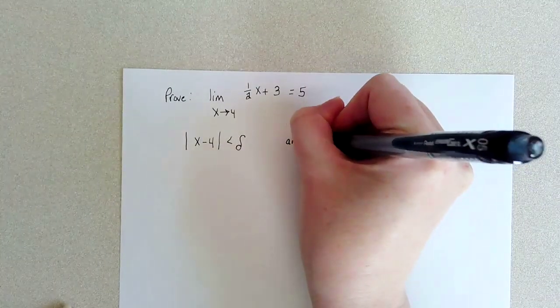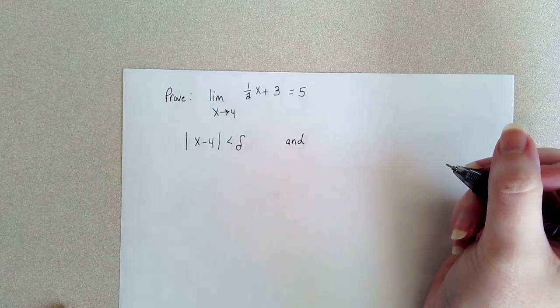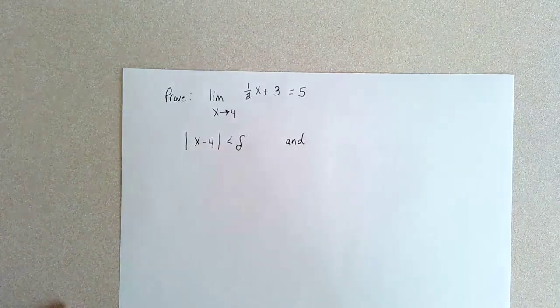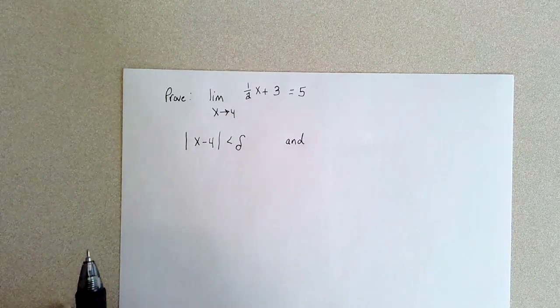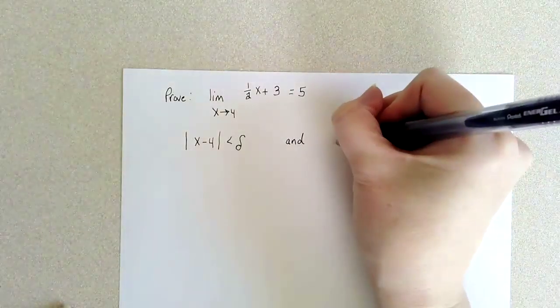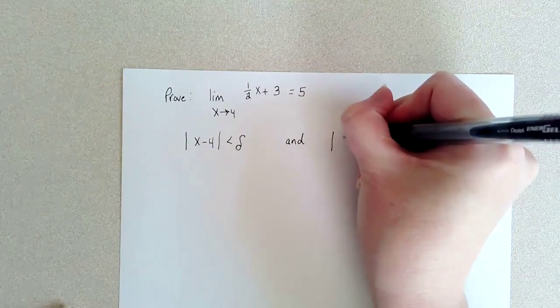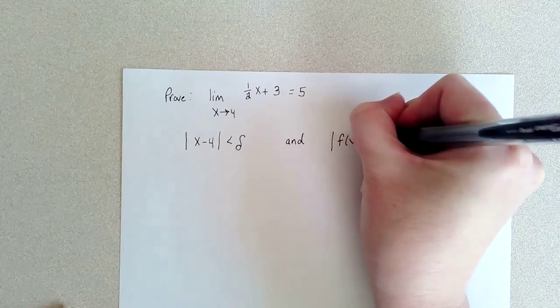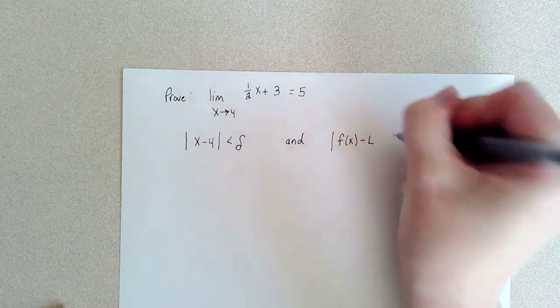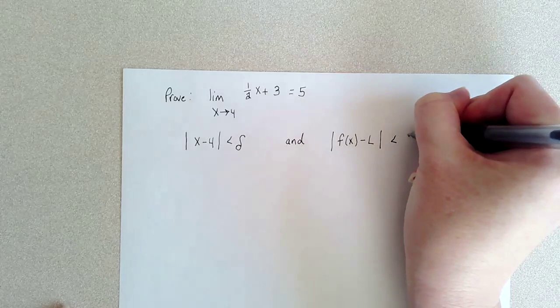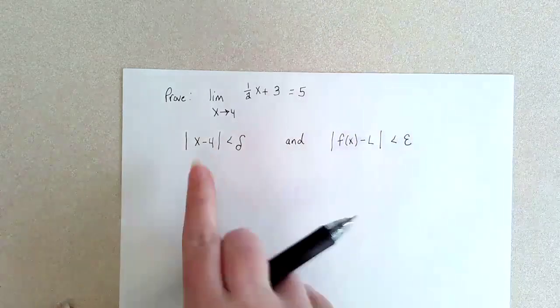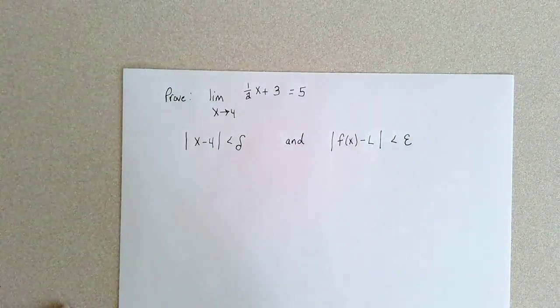And then the other thing that we want is for us to be a small distance away from our limit. The way that we set that one up is with another absolute value, but inside this one we put f of x minus the limit, and we set that one less than our epsilon. So these are the two parts that we need for our proof here.